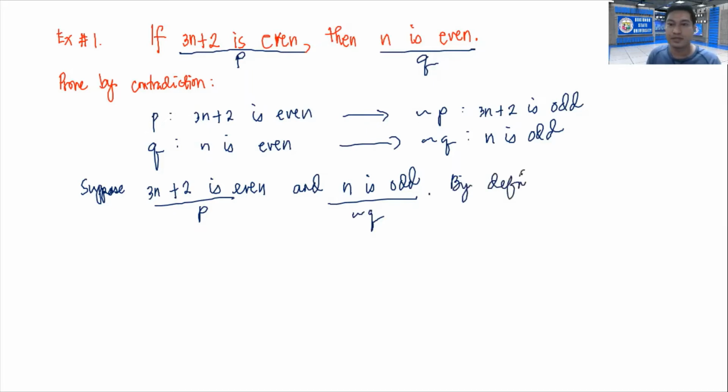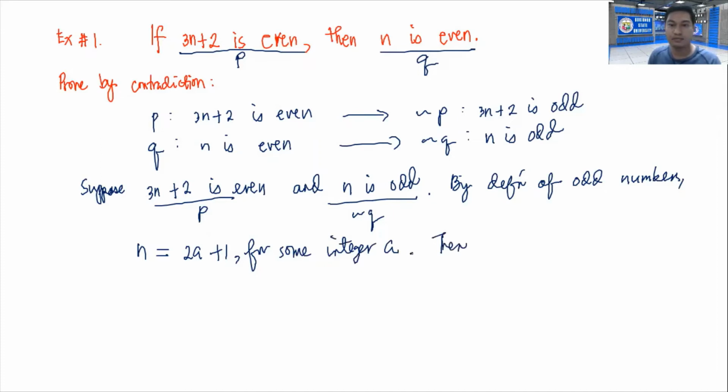By definition of an odd number, n is equal to 2a plus 1 for some integer a.